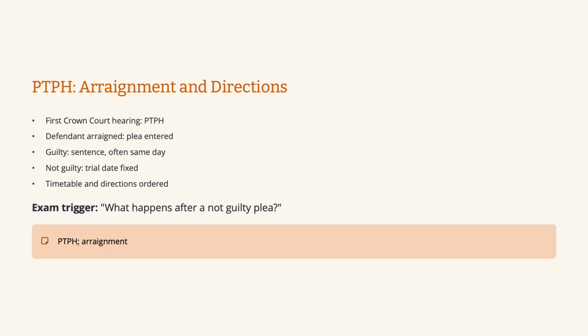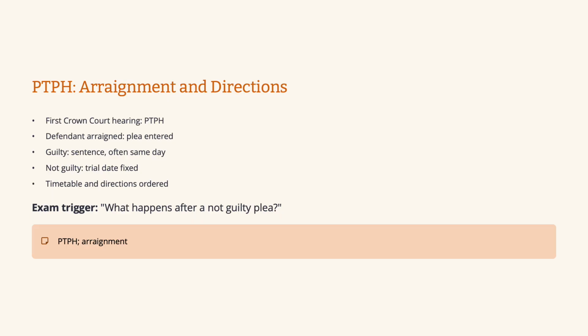The trial date is fixed, typically several months ahead to allow preparation. The court then gives comprehensive directions, creating a timetable. When must further evidence be served? When are bad character or hearsay applications due? When must the defense statement be filed? So every step is scheduled. These directions are orders, not suggestions.